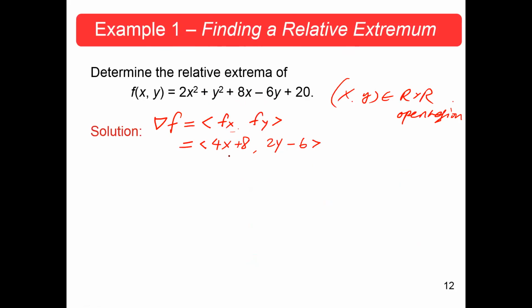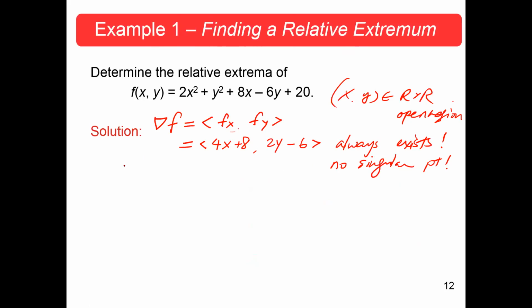So the gradient is 4x plus 8, 2y minus 6. This one always exists, right? Which tells us, is there any singular point? No. Singular points are where the gradient does not exist. So it always exists. There's no singular point.